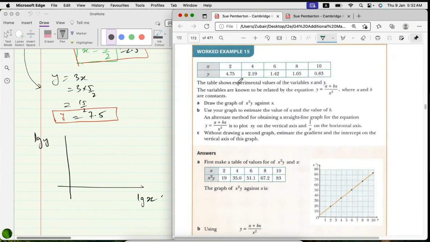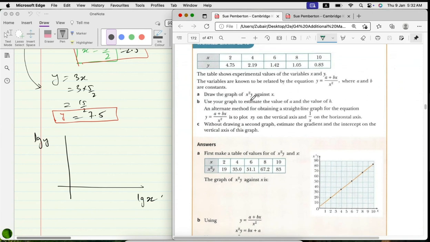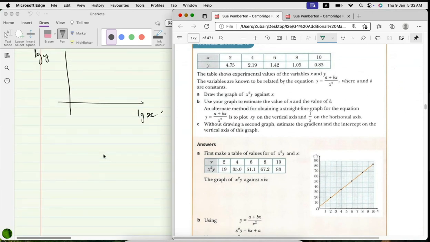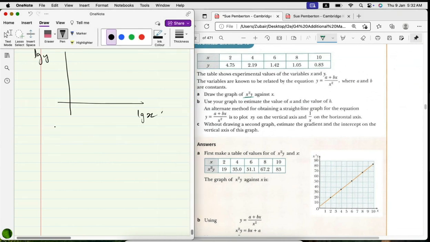Similarly, in another worked example, x and y are given. The table shows the experimental values of the variables x and y. The variables are known to be related by the equation y is equal to a plus b x over x square, where a and b are constants. Now it says to draw the graph of x square y. So according to this information, we rearrange our equation: y is equal to a plus bx over x square.